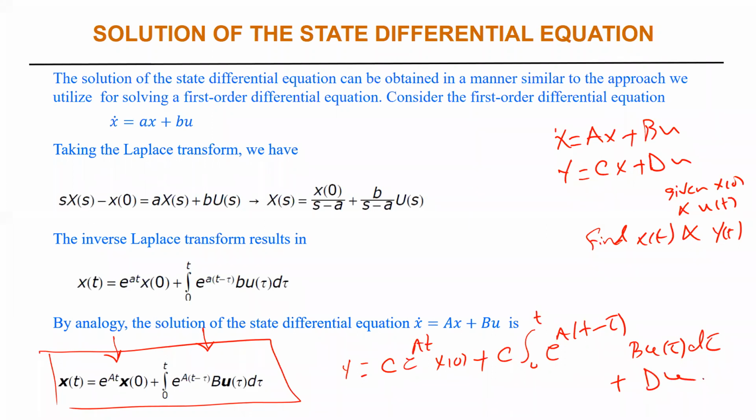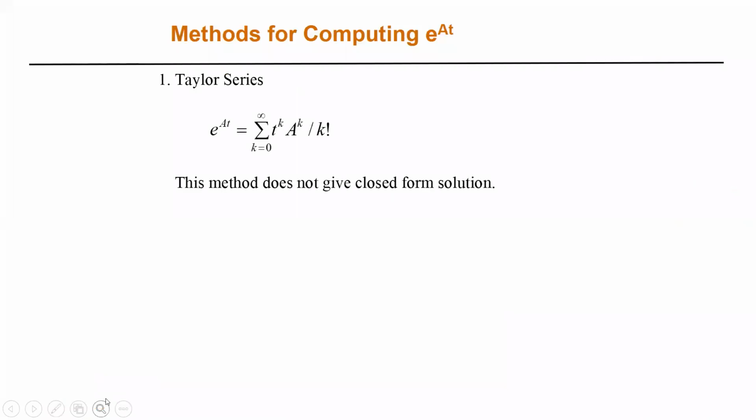So the problem is in solving the differential equation, not the output equation, which is algebraic. It is not that much of difficulty in finding it. The difficulty is finding e to the At. And last time we said e to the At, we can find it from the Taylor series, which is a very powerful method.